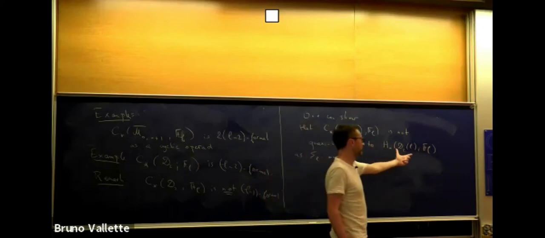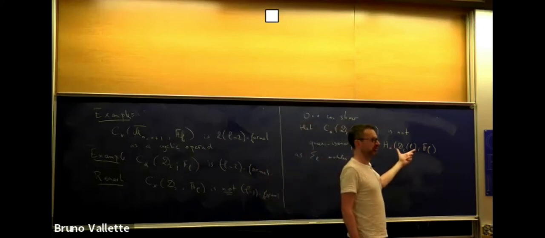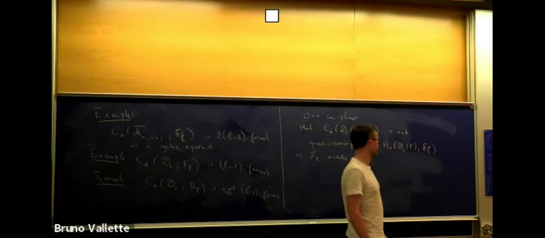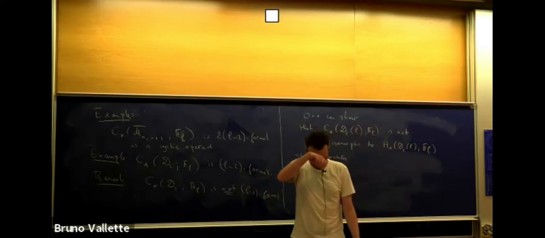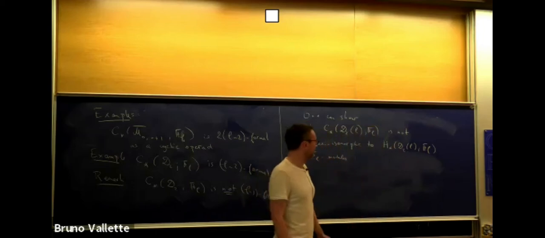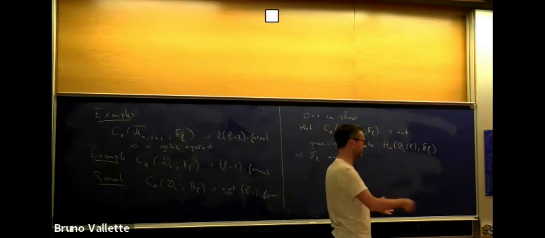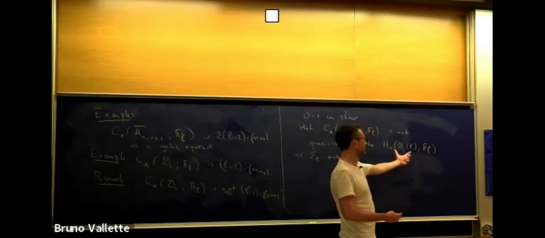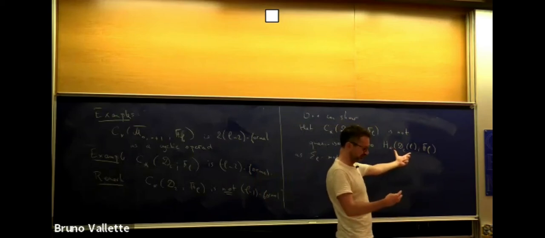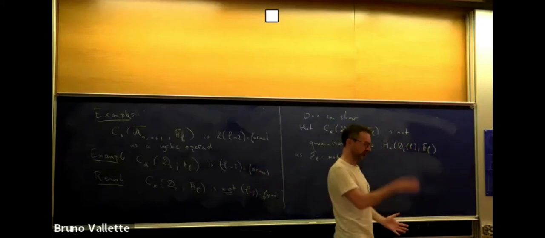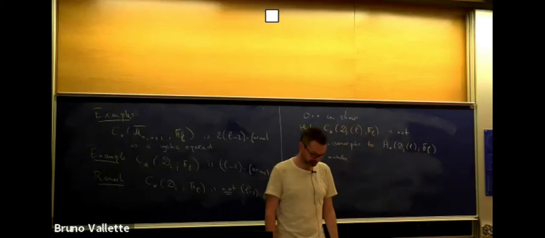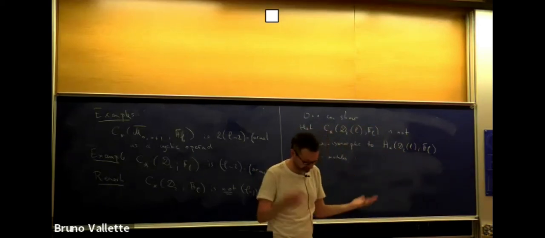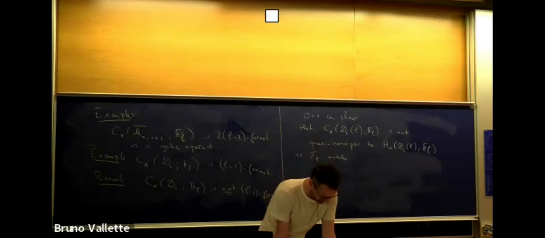No, sorry, the homotopy orbits of this with respect to the sigma L group action will have infinite dimensional homology. This contains a summand H0, which is just FL with a trivial group action. So the homotopy orbits of this will contain as a summand the homology of the symmetric group with coefficients in FL, which is infinite dimensional.